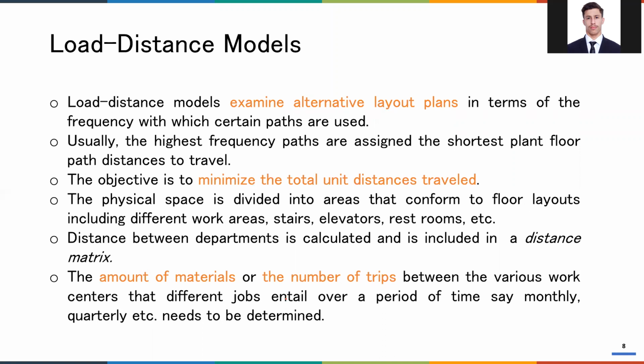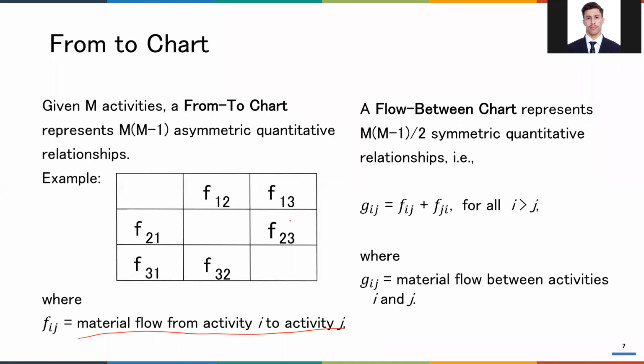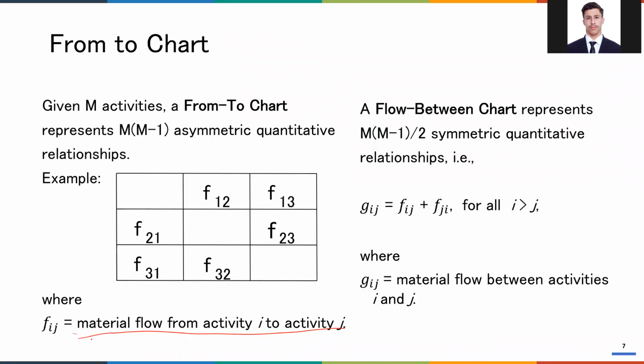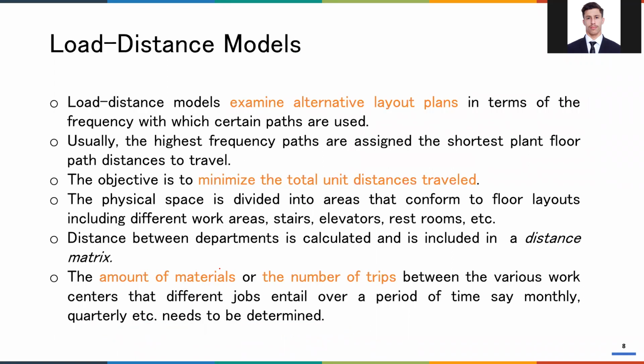From the from-to chart, we actually can build several types of from-to chart. There can be a load from-to chart, which is actually the material flow. And we can also have the distance from-to chart, a matrix that shows the distance from one department to another department.